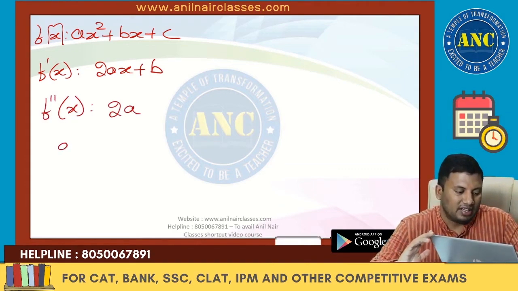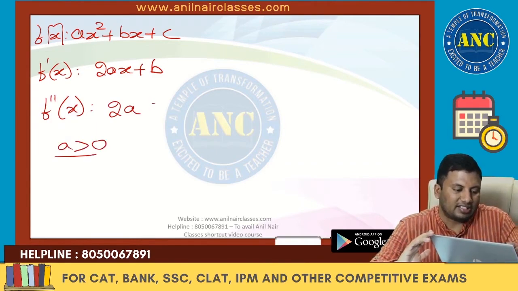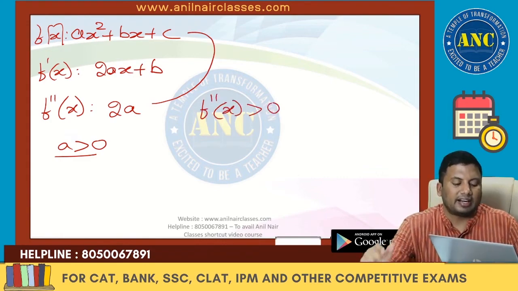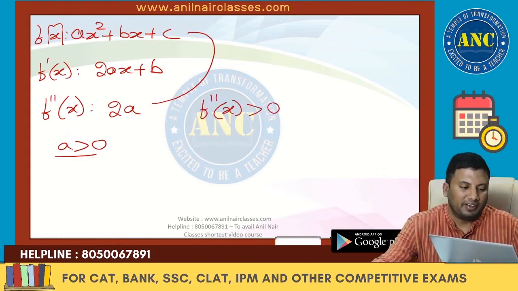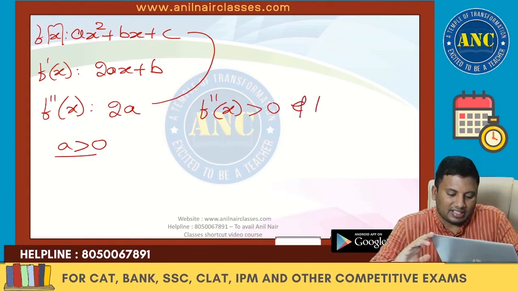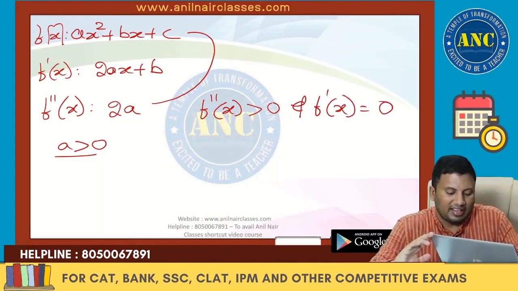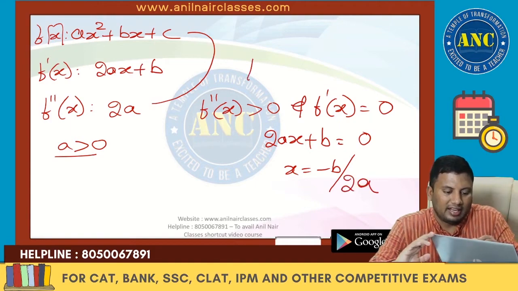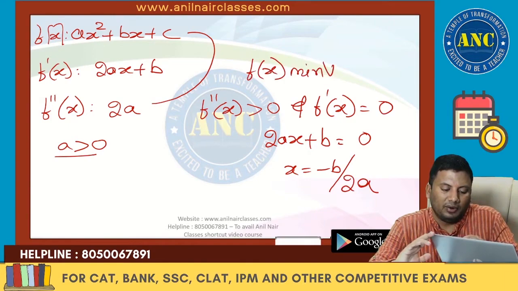That means if a is greater than 0, f double dash x will be greater than 0. Am I right? And f dash x equals 0, 2ax plus b equals 0, at x equal to minus b by 2a. F of x will have a minimum value.